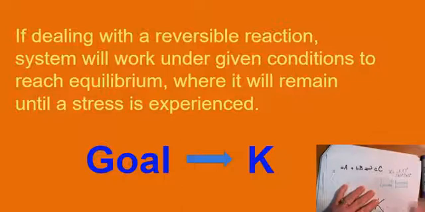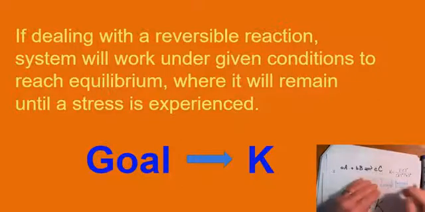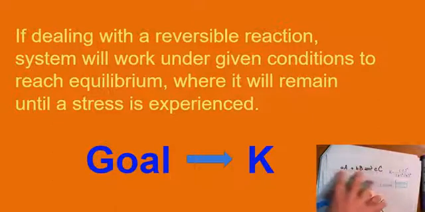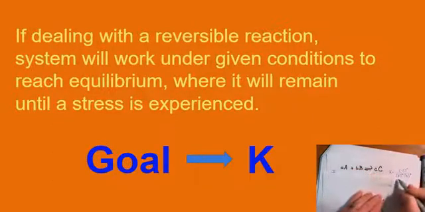We'll find out. And so energetically, it's the place to be for a reversible reaction. Unless we stress it or change the reaction in some way, it will remain at equilibrium. So the goal for a reversible reaction is to reach those equilibrium quantities that deliver what we evaluate to be the K expression.